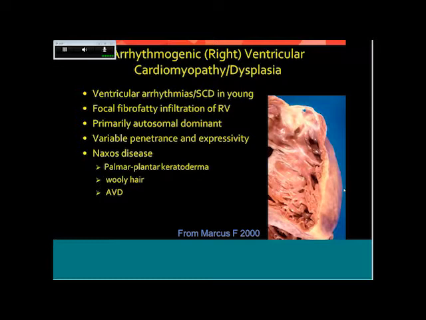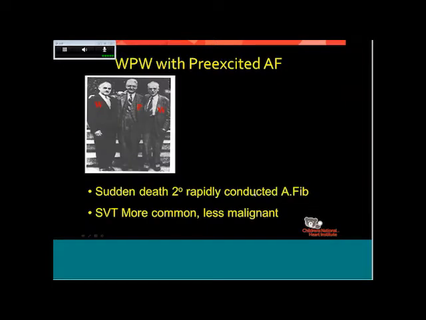And on autopsy or histology, you see fibrofatty infiltration of the right ventricle, as seen in this autopsy specimen. It's inherited in an autosomal dominant pattern, so family history, more common in males, however, exacerbated by exercise.